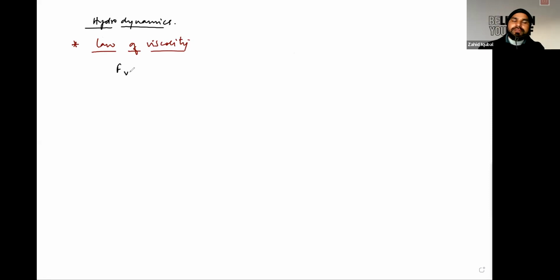So the viscous force acting between layers of liquid will depend upon the area of liquid times the velocity gradient, that is, the change in velocity with respect to its width, so it would be dv by dy, and some coefficient of viscosity eta. Since this force is opposing in nature, there will be a negative sign with it.